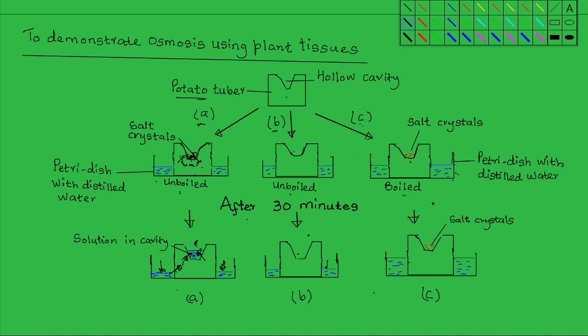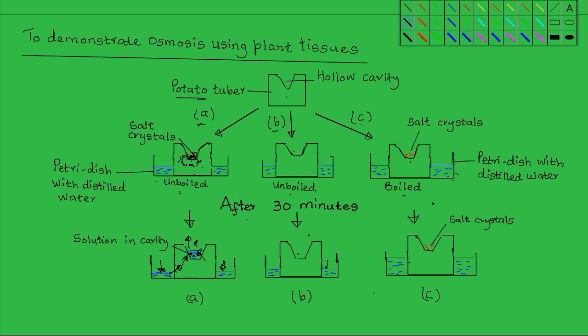So, by osmosis, water molecules are drawn from the petri dish and into the potato tuber. And this is what brings about a slight drop in the level of the water in the petri dish.